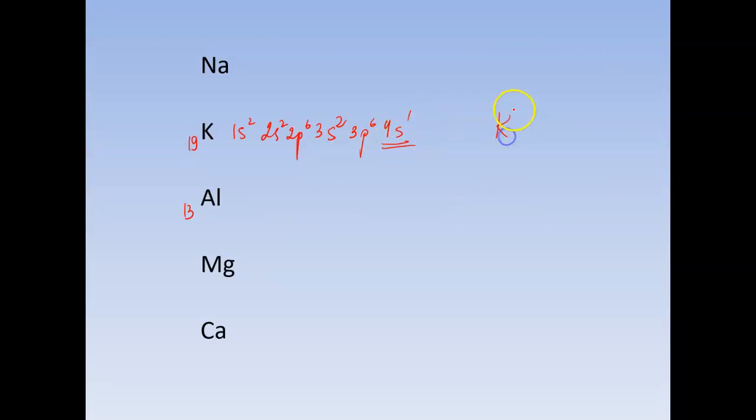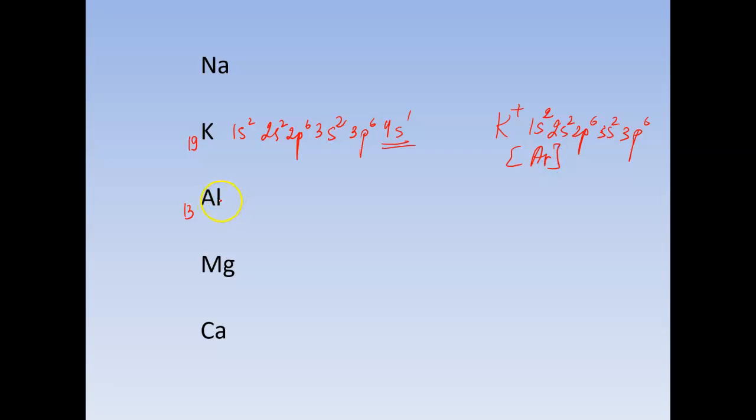When it becomes a cation, it loses its outer shell electron, and its electron configuration will be like argon has: 1s2, 2s2, 2p6, 3s2, 3p6, and I can write it down like argon, okay?